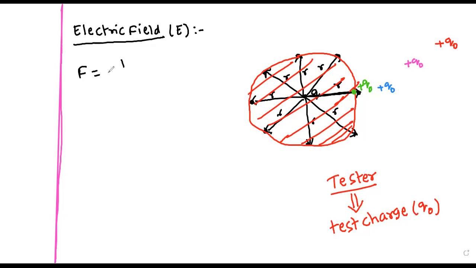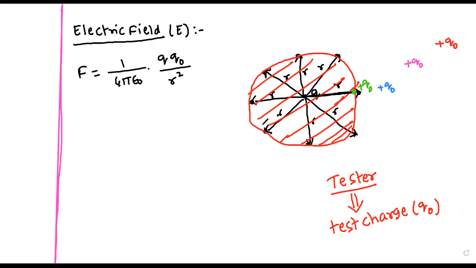So F is equal to, according to Coulomb's law, 1 by 4 pi epsilon naught times Q q naught by r square. The separation distance between the given charge and the test charge is equal to r.